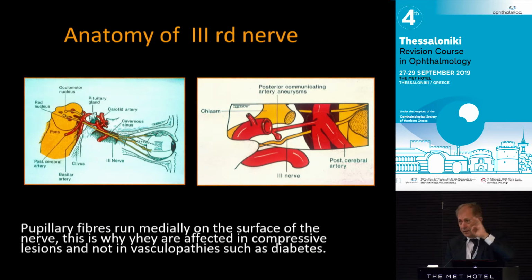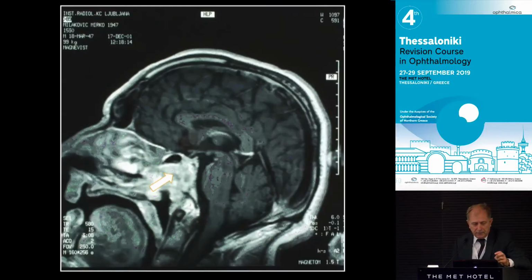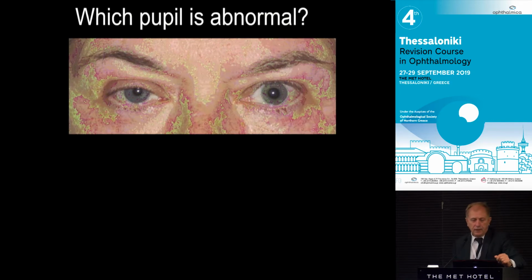If you have diabetic patients, younger ones, then you will have an ischemic problem, but the center of the nerve will be affected, so you'll have all the other signs of third nerve palsy, but the pupil will be perfect. So think about that. Then you may see sixth nerve palsy, usually associated with tumors in the epipharynx pressing from below. And if you don't see a motility problem in terms of double vision, and you see pupillary differences of more than 1 millimeter, or let's say 0.7, 0.8, and slight ptosis, you should think about what this is.